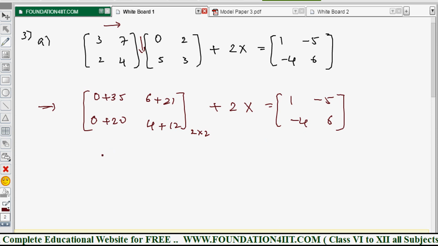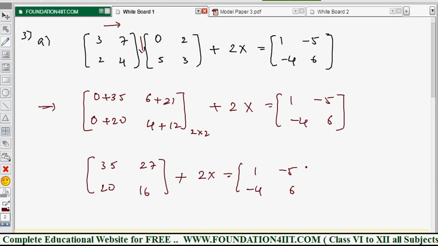Just to simplify now, if you simplify this, we get 35, 27, 20 and 16. Plus 2 into matrix X is equal to [1 -5; -4 6].